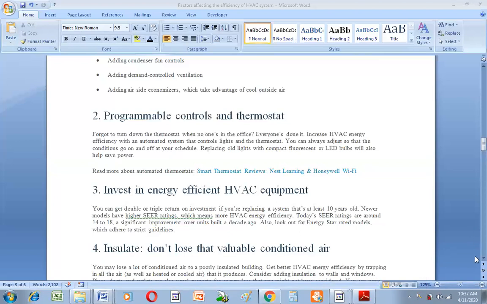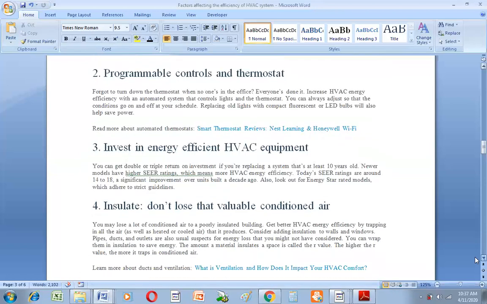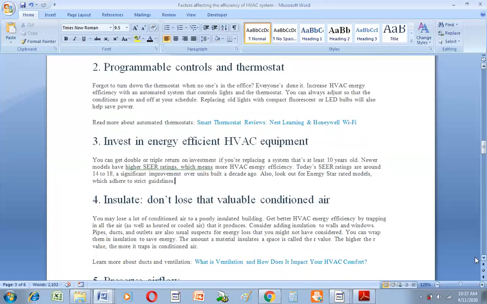Now, the next thing is insulate, don't lose the valuable conditioned air. For example, if we have conditioned the air properly inside the room, and now some conditioned air is leaking outside, and outside, suppose it is summer and the outside temperature is 35 degrees and the inside temperature is 20 degrees Celsius, then because of leakage we have to insulate.